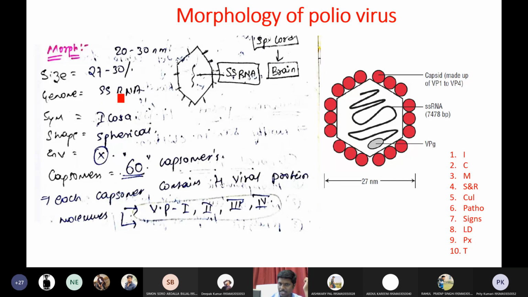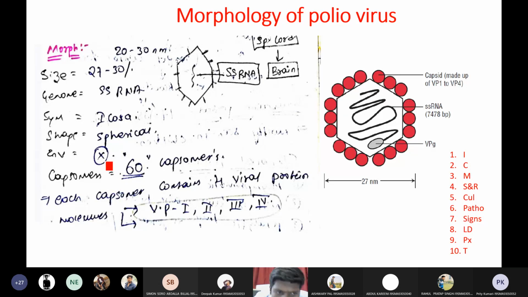The genome contains single-stranded RNA. The symmetry is icosahedral, so the nucleocapsid is icosahedral, and it does not have an envelope. That means it is a non-enveloped virus.